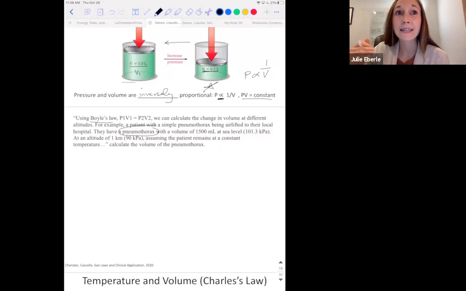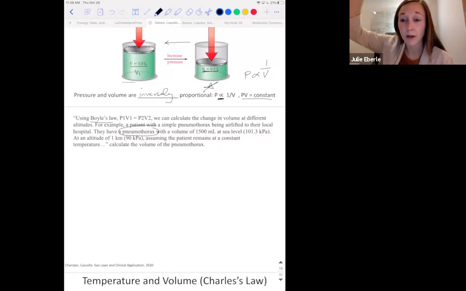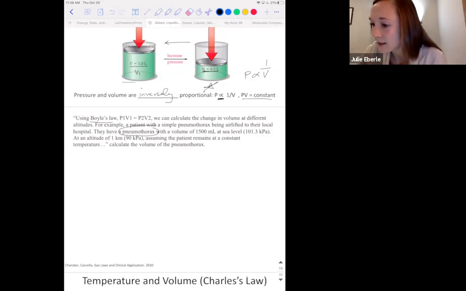If we are decreasing atmospheric pressure because we're changing their elevation in a helicopter, getting them off the ground, how's that going to affect the volume of the air inside their lung cavity? Because if that expands too much, that could collapse a lung. That's what this problem is getting at, and showing you how it applies here.